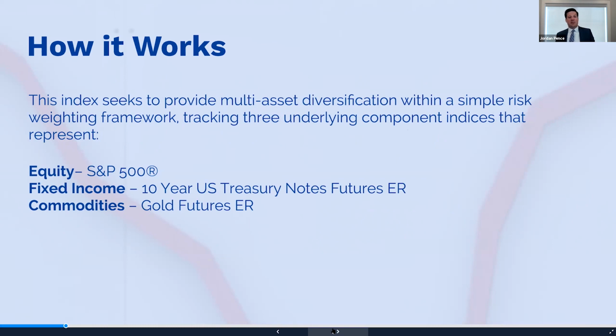They're using effectively 10-year treasury notes and gold futures, basically, but gold, let's just say commodities. And so what they're doing is, based on the volatility in the S&P 500 or the stock market, they're moving assets out of the S&P 500 and into these various options.